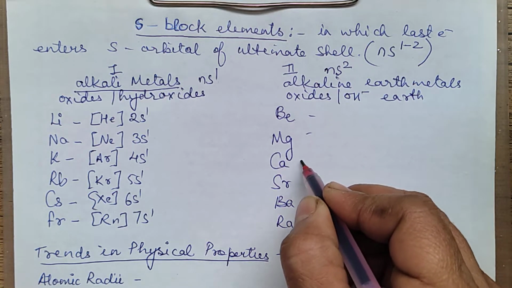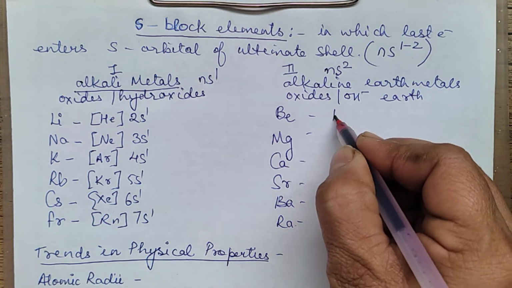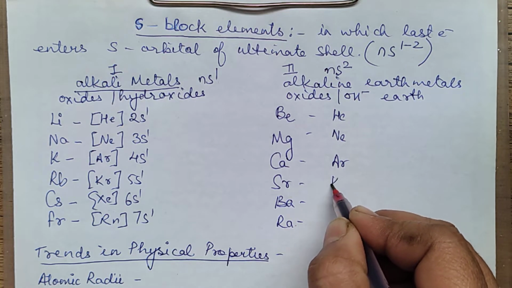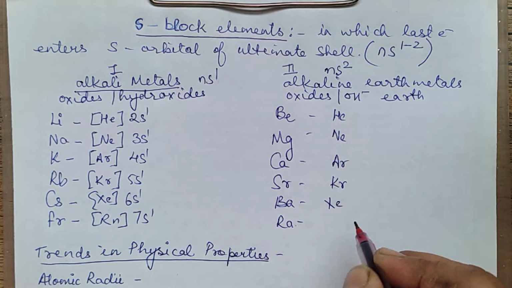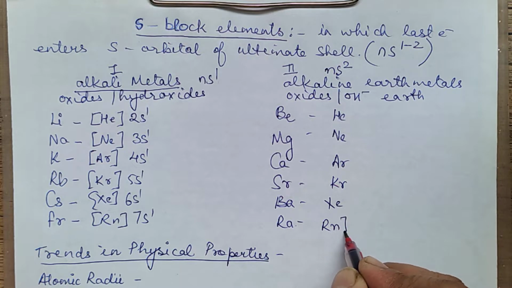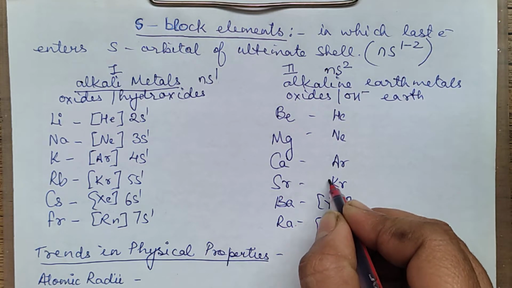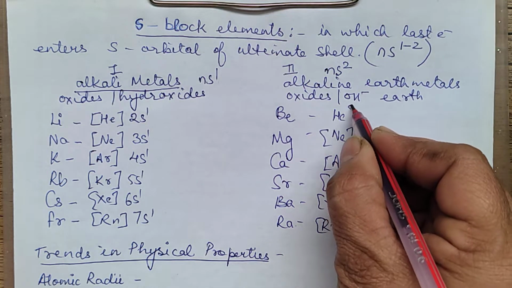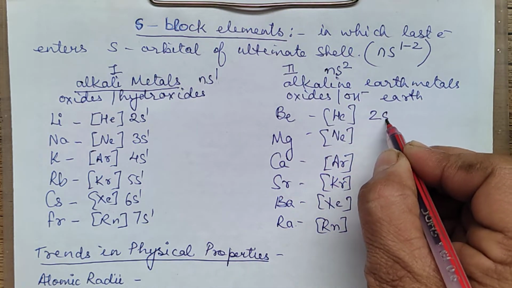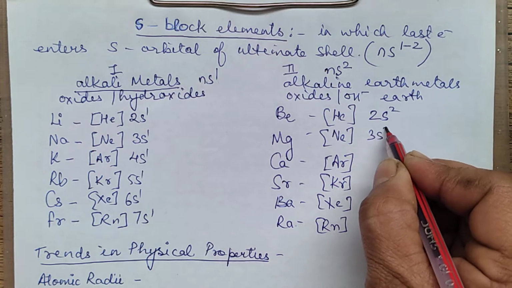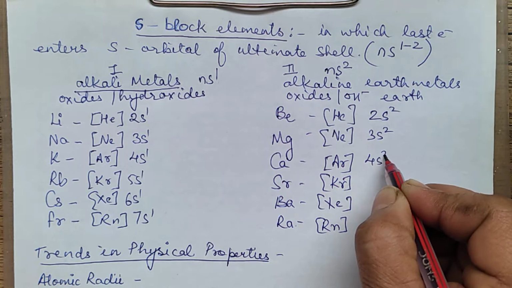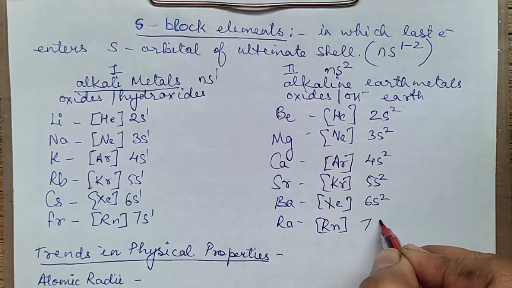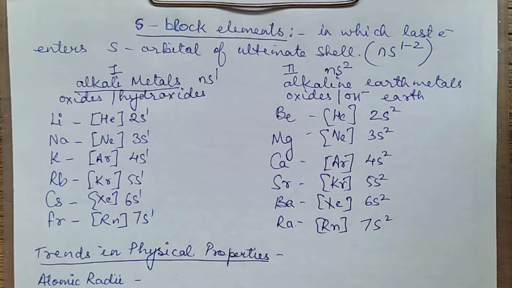Even for these, you will be writing the noble gases, helium, neon, argon, krypton, xenon and radon, and then after writing them you will just be adding on the S2, starting from 2s2, 3s2, 4s2, 5s2, 6s2 and 7s2. This is about the configuration.